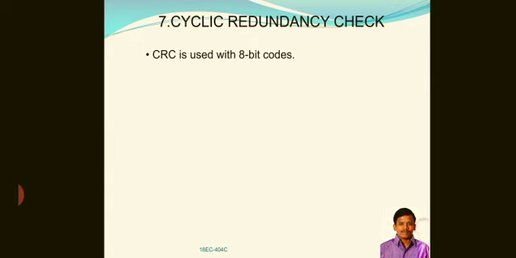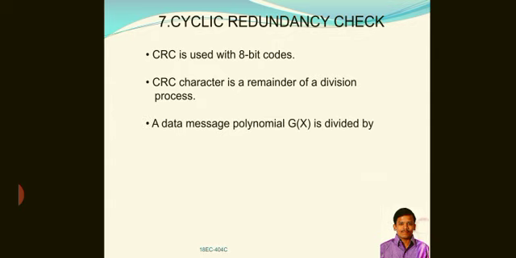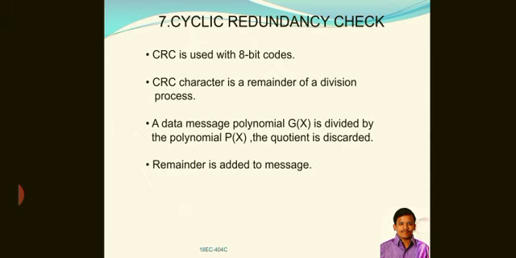This cyclic redundancy check method will be used with 8-bit codes. In this one, we follow the method of binary division. The data or message is considered as a polynomial which is divided by another polynomial, where the quotient will be discarded.